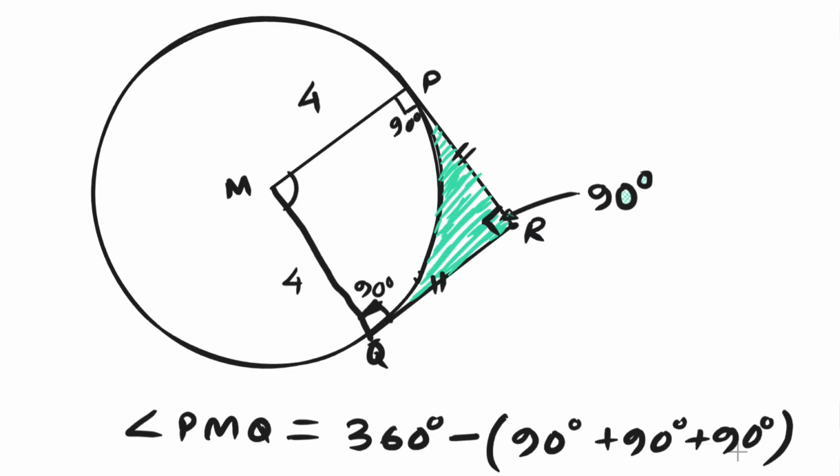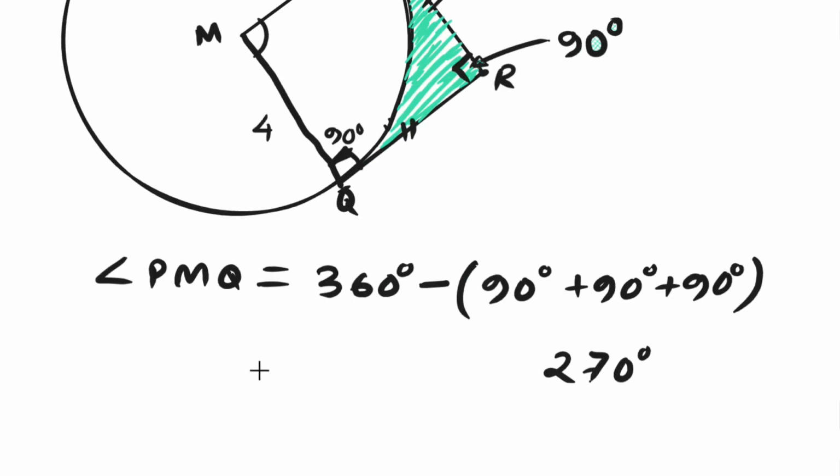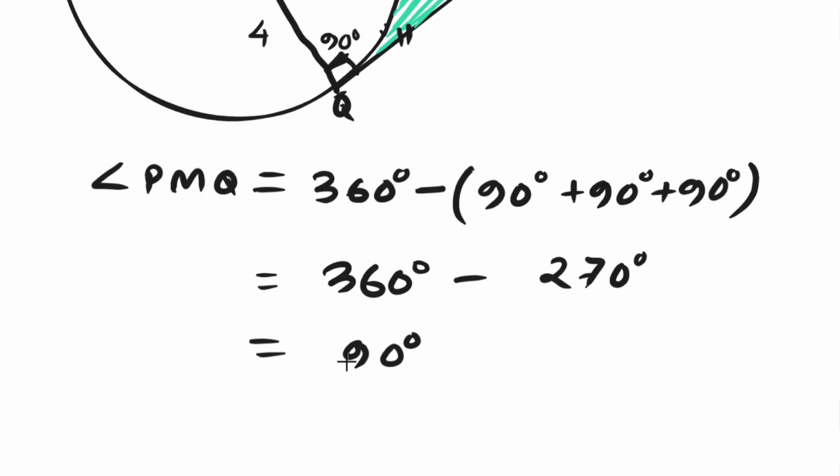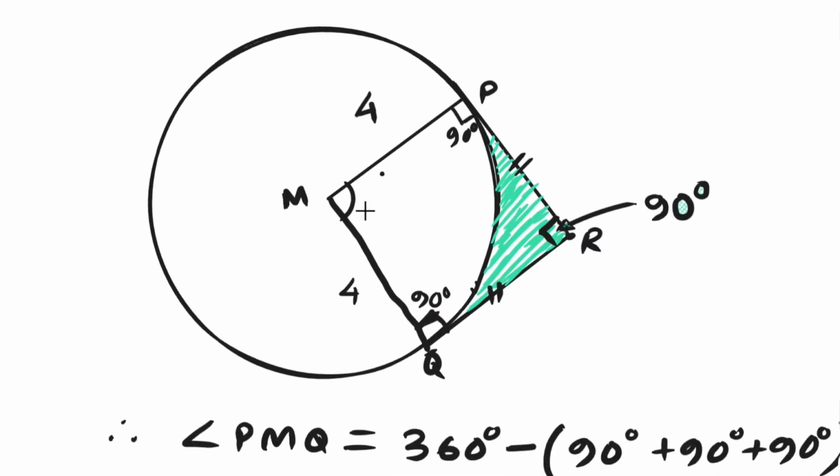Adding those angles gives 270 degrees, and 360 minus 270 leaves us with 90 degrees. So, the central angle PMQ is 90 degrees. This is an important result because later we will need it to calculate the area of the sector.